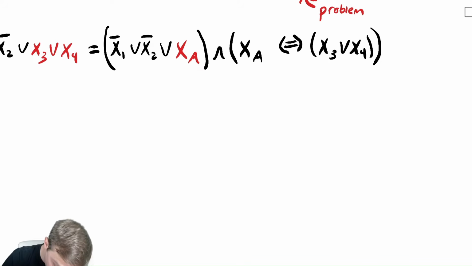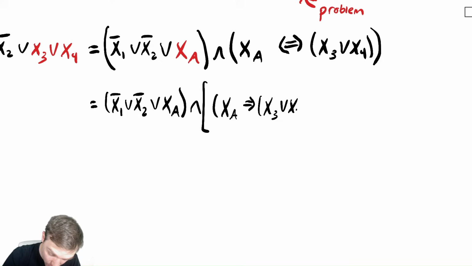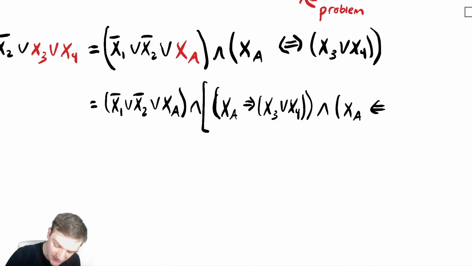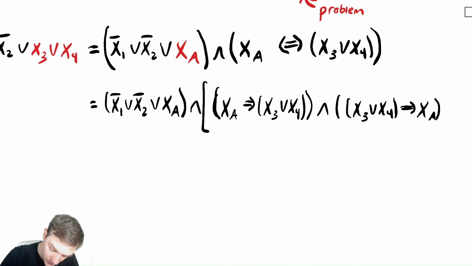So I'm going to write this as x1 bar or x2 bar or xa, and I can write that second thing as xa implies x3 or x4, and xa is implied by, maybe we don't write it that way because that symbol most people don't like, so let's write it instead as x3 or x4 implies xa. So that is our substitution.